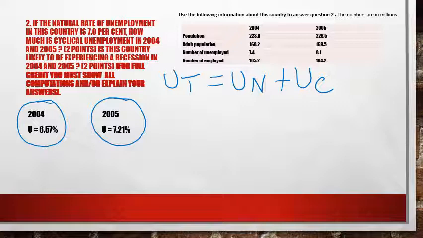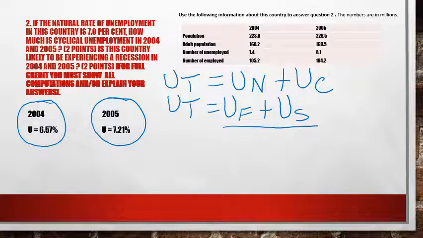We can go a little bit further by saying that the natural unemployment rate is equal to the frictional unemployment rate plus the structural unemployment rate. Again, UF plus US is equal to UN.